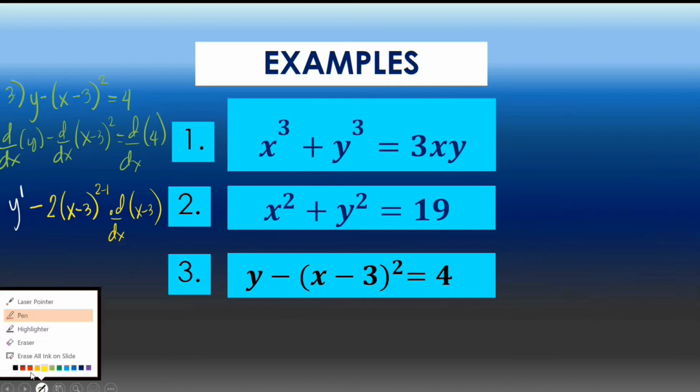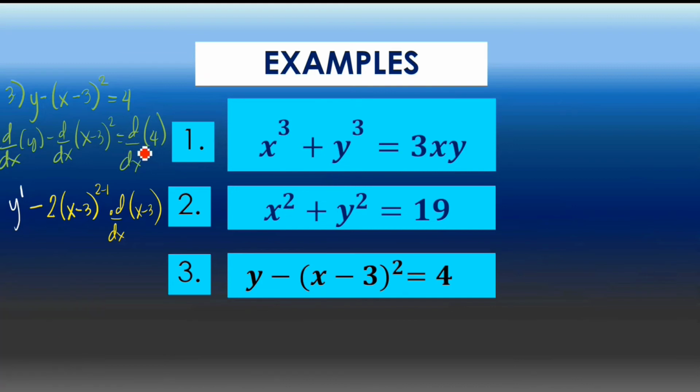Okay. On the right side, derivative of 4, the answer here is what? The answer is 0. Okay. Then these two terms that you can see here, we do have here multiplication.